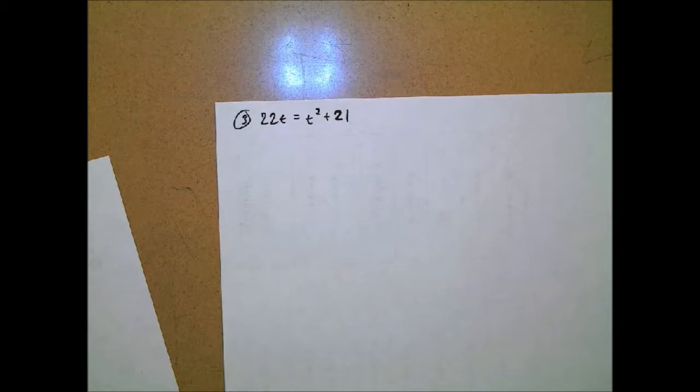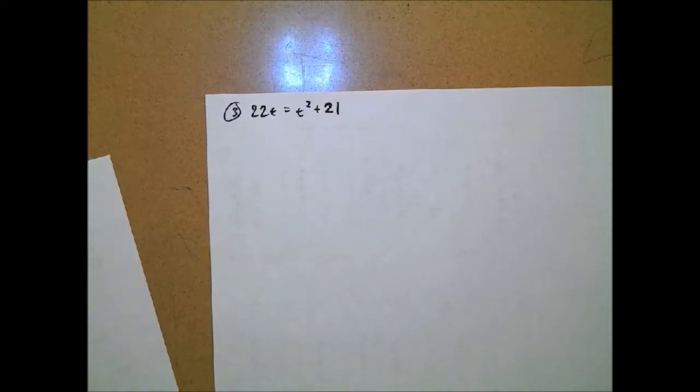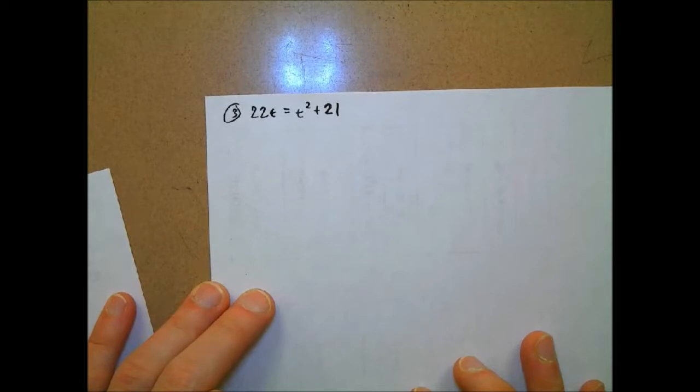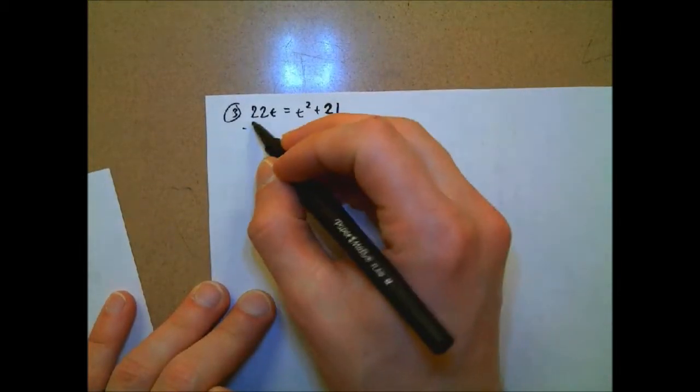So, with our current problem, is this in the correct form? No, it is not. How can we move things around to get it in the right form? What should we move? The 22t? Yeah, let's subtract the 22t from both sides.